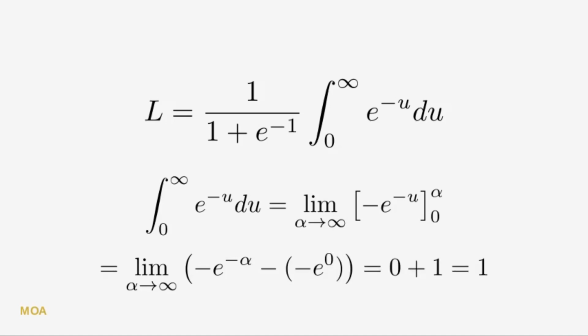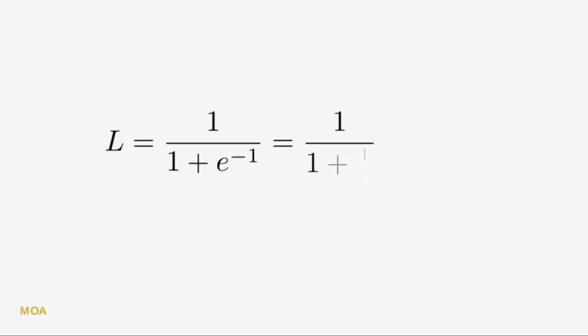Since as alpha tends to infinity, e to the negative alpha approaches 0, and minus negative e to the power of 0 equals 1, this gives us 1. So, the integral L equals 1 over 1 plus e to the negative 1. Multiplying both the numerator and the denominator by e, we obtain L equals e over e plus 1.